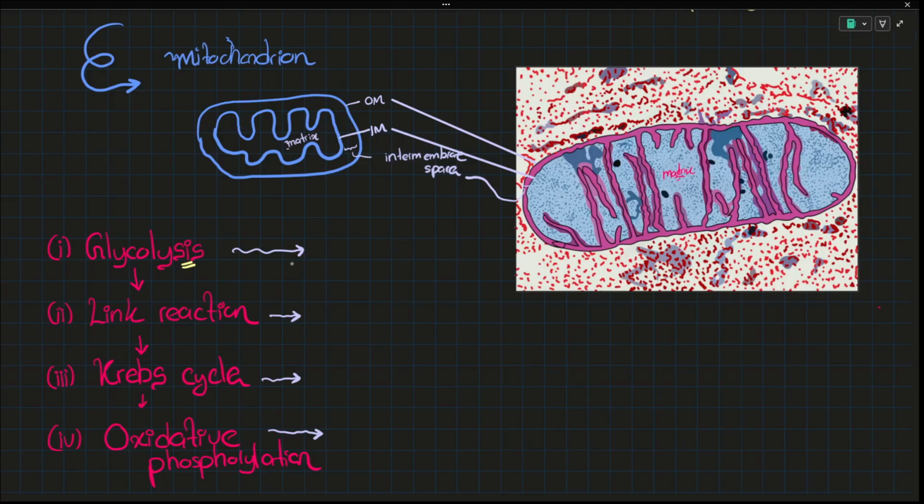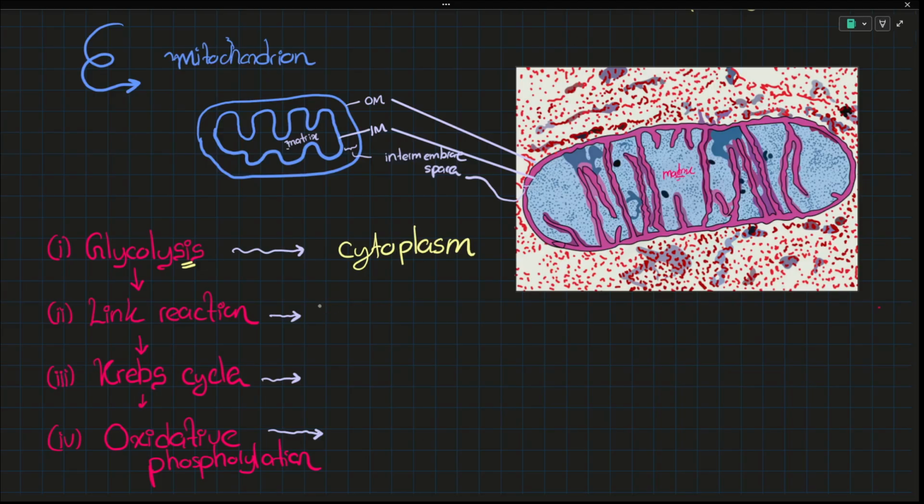It is simply the breakdown of glucose into those molecules known as pyruvate, not to worry, we'll talk about that in detail in a bit. So that breakdown doesn't really require the mitochondria at all. That can simply happen in the cytoplasm.